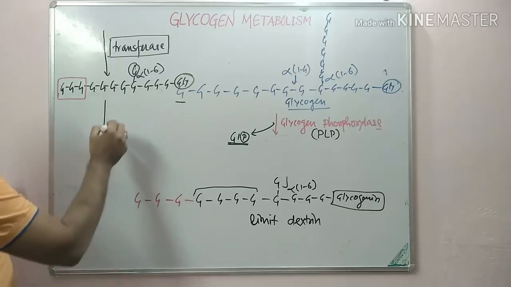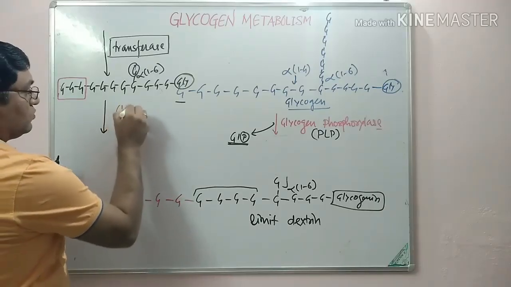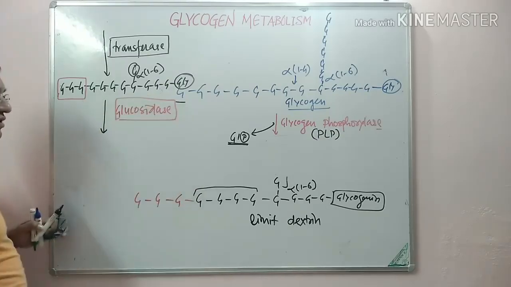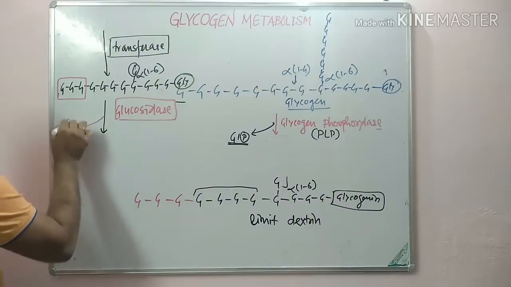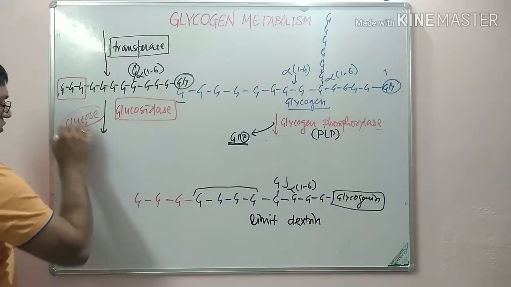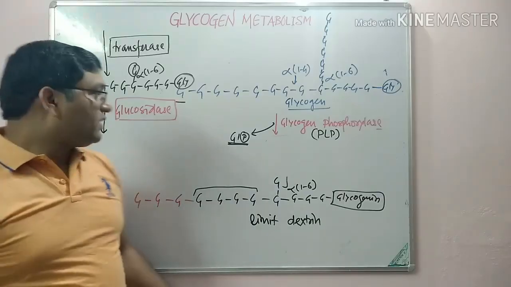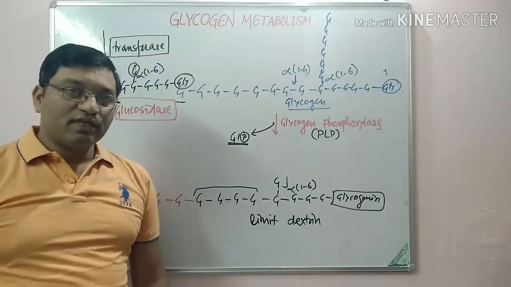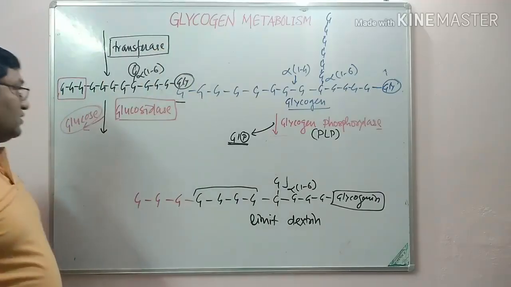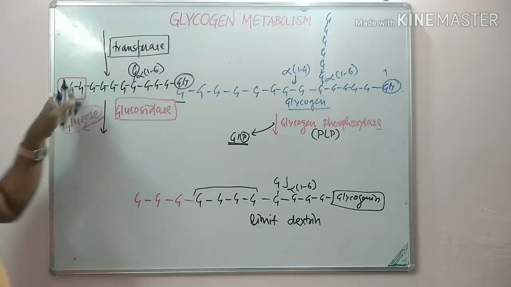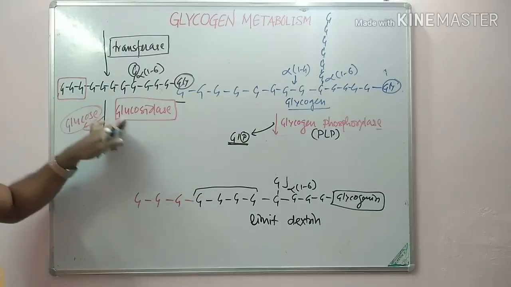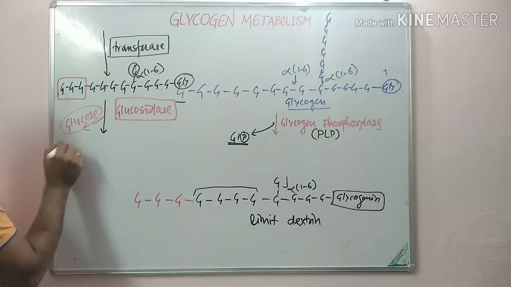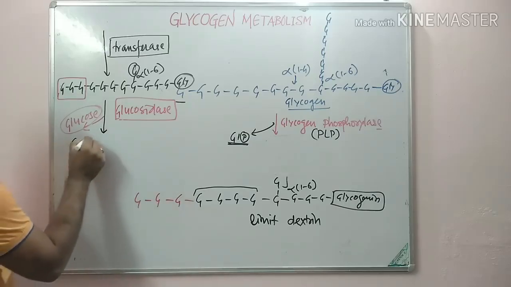Now by the action of alpha-1,6 glucosidase, this will remove the glucose molecule, and the free glucose gets liberated. So debranching enzyme is a bifunctional enzyme. It has transferase activity, transferring the trisaccharide unit from the branching point to the linear chain. Then glucosidase activity will remove the alpha-1,6 glycosidic linkage, and there is formation of linear glycogen molecule.